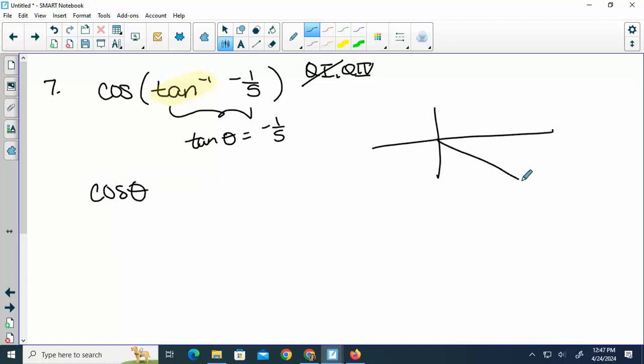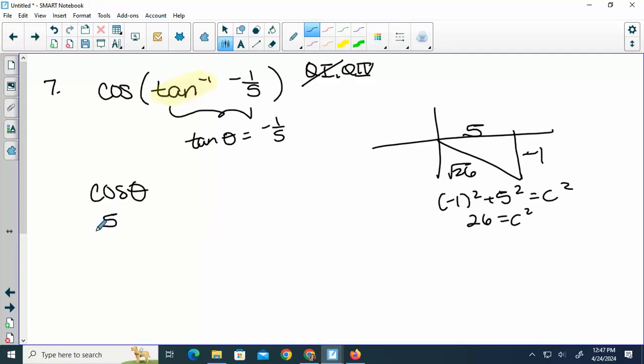So in quadrant 4, tangent is opposite, the side going down, so my negative, over adjacent. And you do a squared plus b squared equals c squared. Radical 26. So cosine is adjacent over hypotenuse, so we get 5 radical 26 over 26.